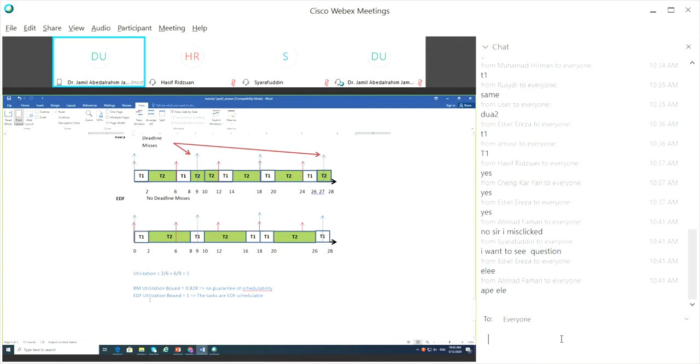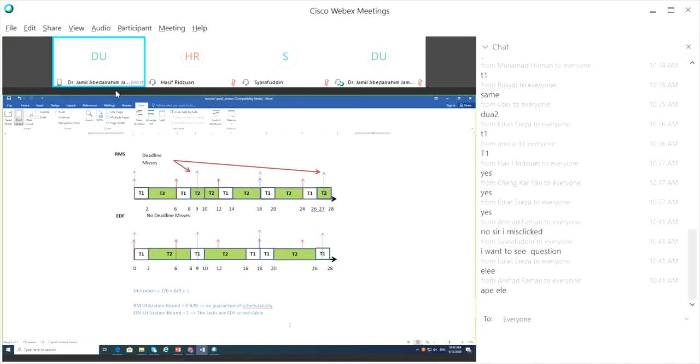But for EDF, 0.828 is less than 1. So the tasks are schedulable.